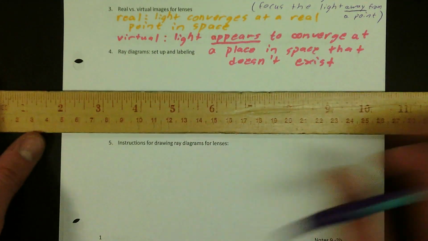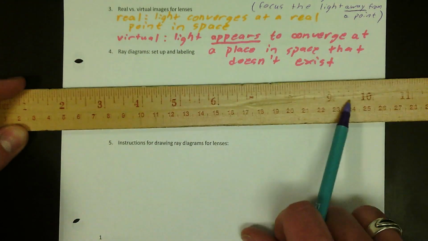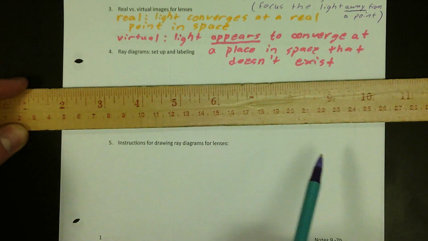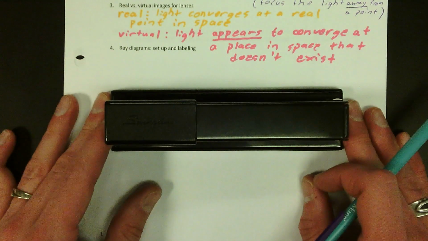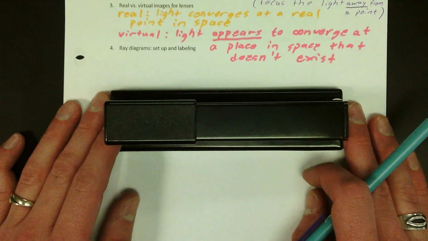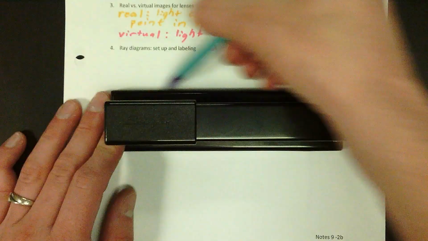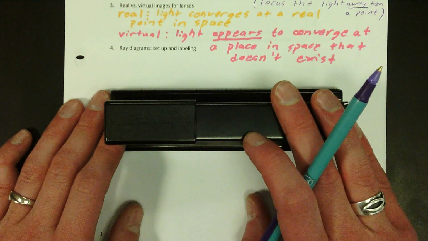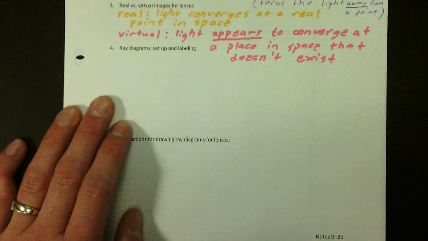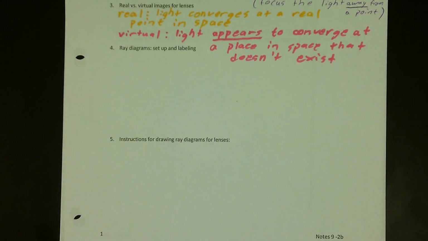Rulers are easier because they have numbers on them, so you can measure things more easily. But if all I've got is a stapler, I can do my units as staplers. So it's like 3 staplers away from the lens. That would be hard because it would be huge, but you could do it.